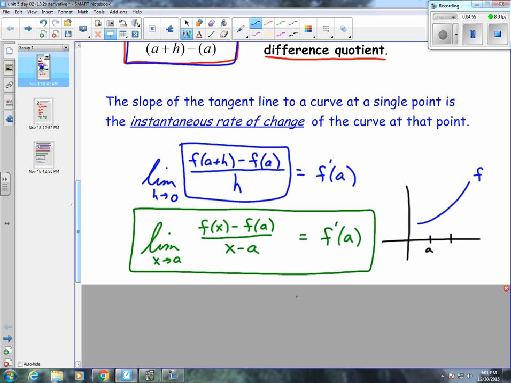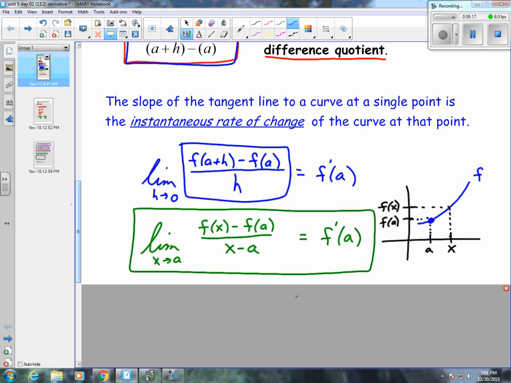And instead of a plus h, we're just calling that x. This is f of a. And this is f of x. And so we're trying to find the derivative at point A.